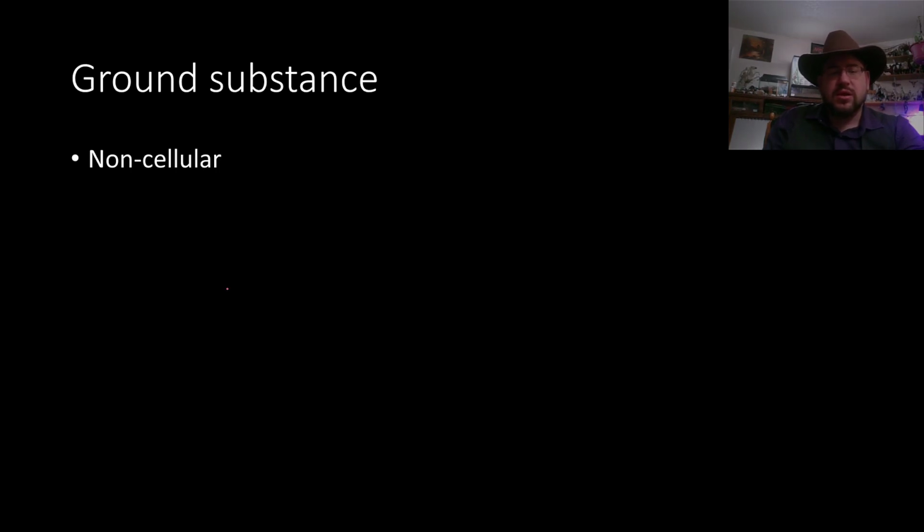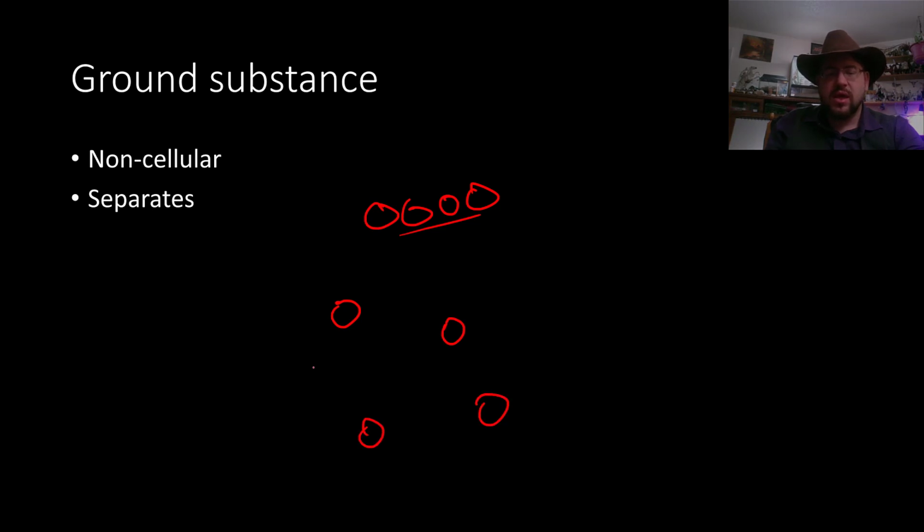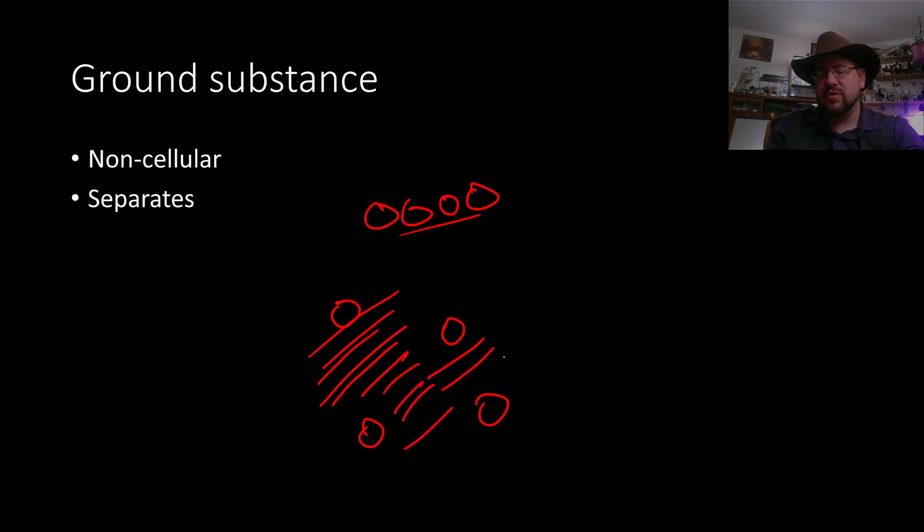Alright, so again, ground substance is the non-cellular portion of connective tissue, and it separates the cells. So instead of having like a layer of cells together, what you'd end up having are cells, and they're separated by whatever that ground substance might be.